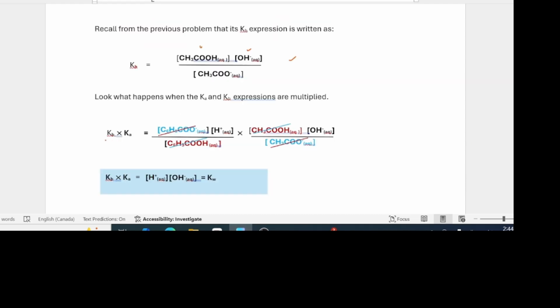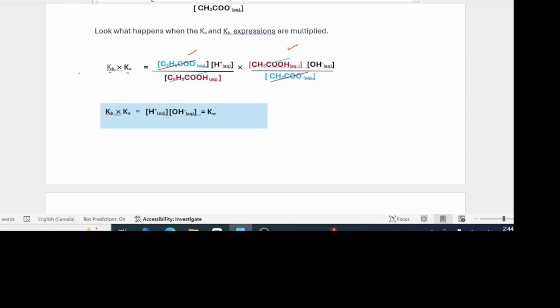Let us see what happens when you multiply Kb times Ka expressions. Or Ka times Kb, same thing. This is Kb, and this is Ka. You can see that the ethanoate ion concentration here can cancel out the ethanoate ion concentration here. You can see the ethanoic acid concentration here can cancel out the ethanoic acid concentration here. All you're left with now is this.